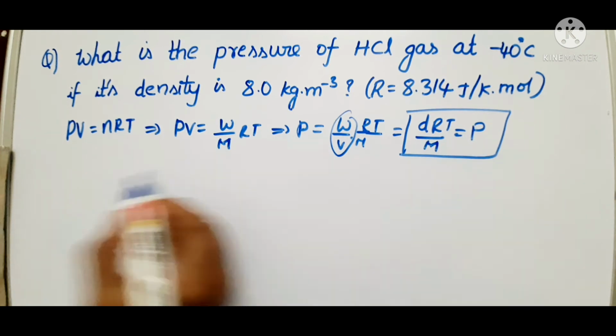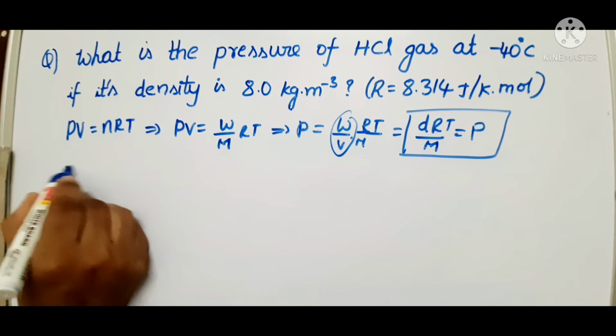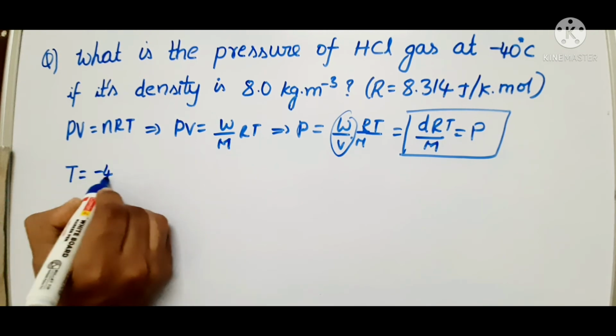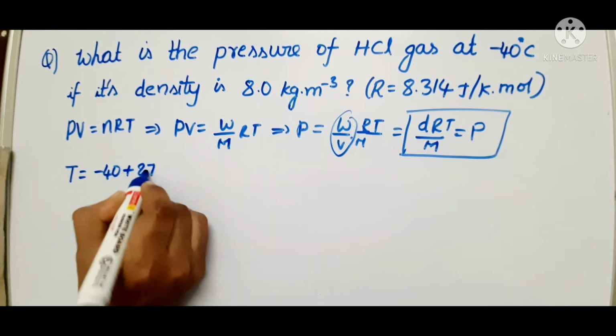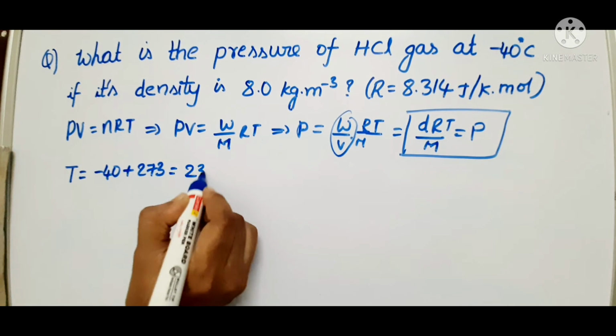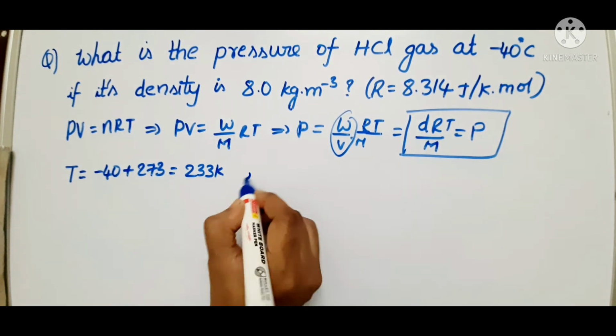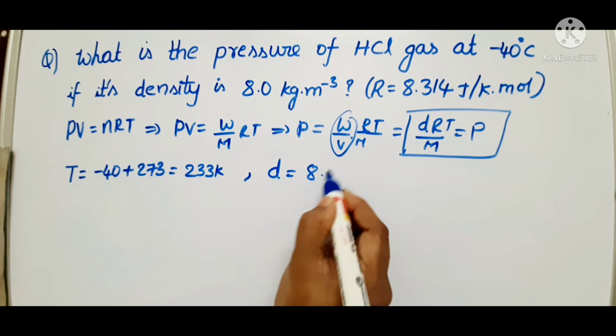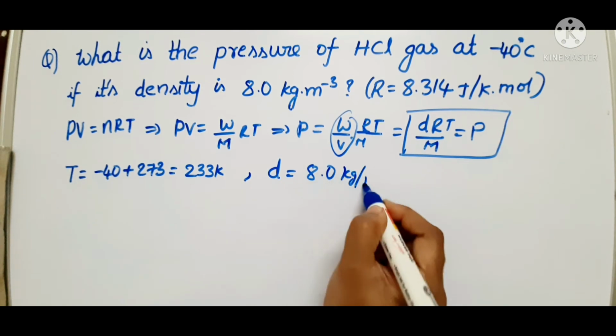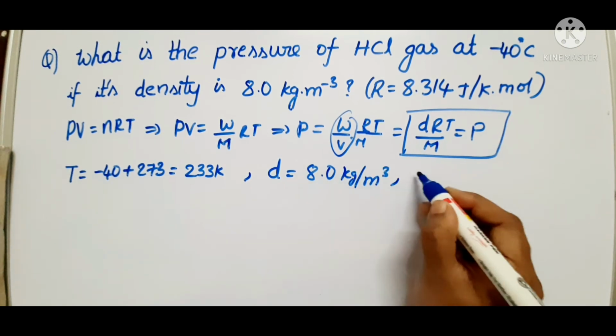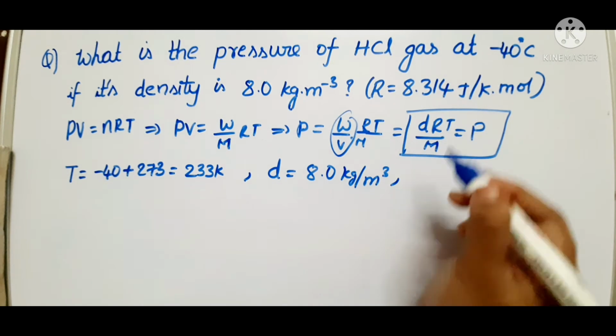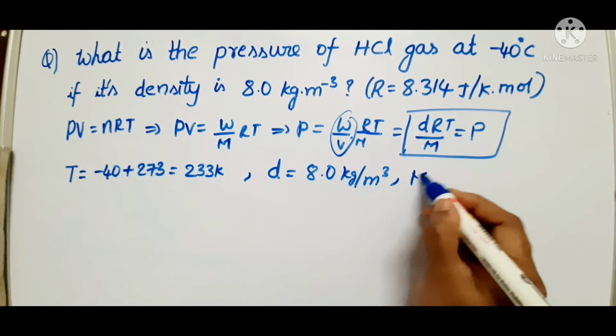So let us have the given data here. Temperature is minus 40 degrees, so you have to convert it into Kelvin, that is equal to 233 Kelvin, right? Density is 8.0 kilogram per meter cube. Then what is the R value? It is here. So what is the molecular mass here?